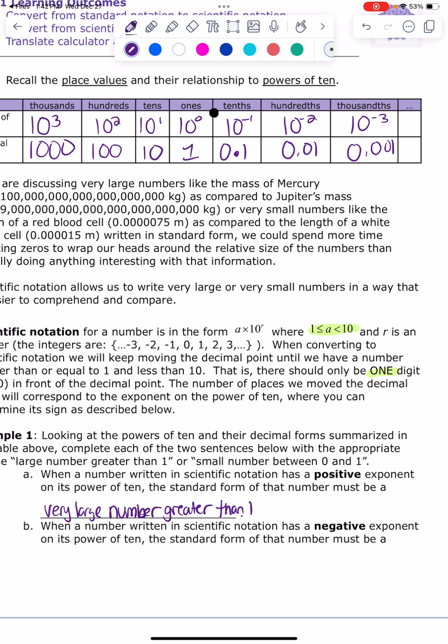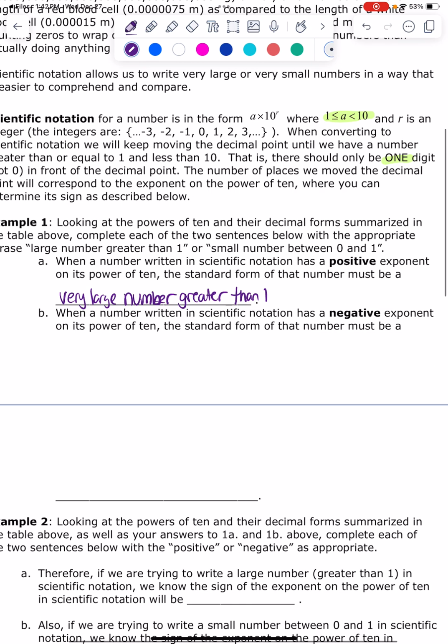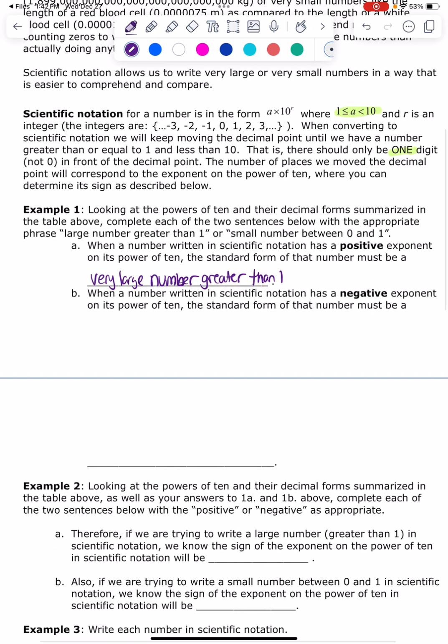When a number written in scientific notation has a negative exponent on its power of 10, the standard form of that number must be a very small number, and that's between 0 and 1.